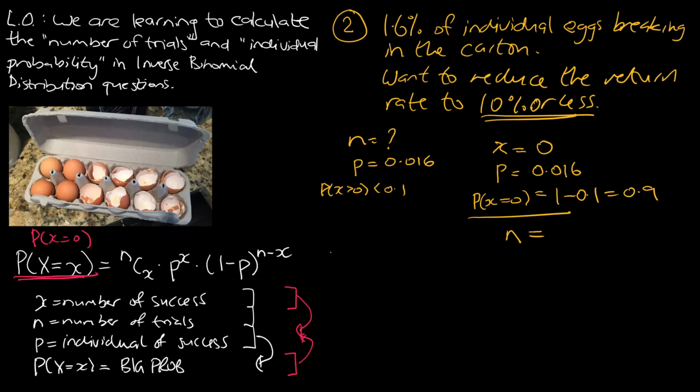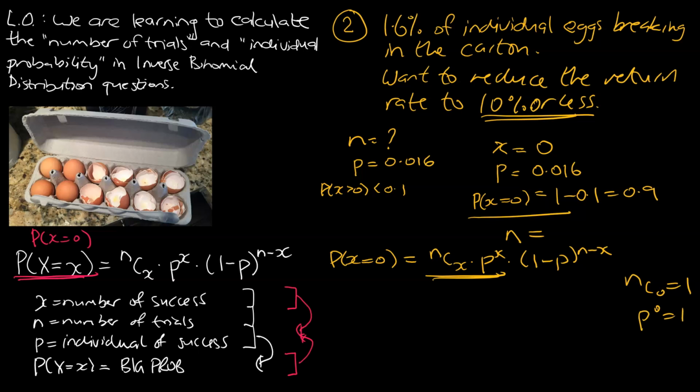So the probability that x is equal to 0 is going to be equal to nCx times p to the power of x times 1 minus p to the power of n minus x. But I just want to remind us, if x is equal to 0, both of these parts fall away, because nC0 is going to be 1, and p to the power of 0 is going to be 1.